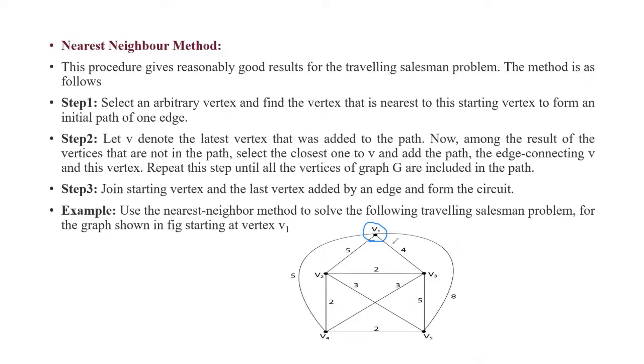Find the adjacent vertices of V1. The adjacent vertices are V2, V3, V5, and V4. The distance from V1 to V3 is 4, V1 to V2 is 5, V1 to V4 is 5, and V1 to V5 is 8. So the minimum, or shortest, distance is 4. Select the path V1 to V3.